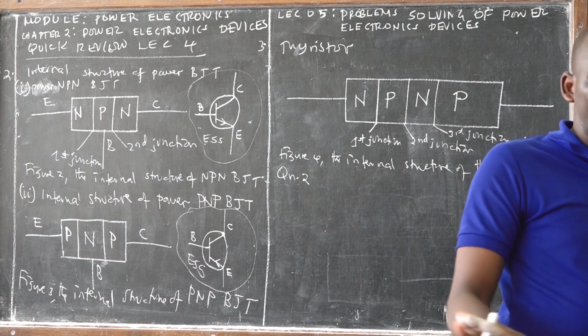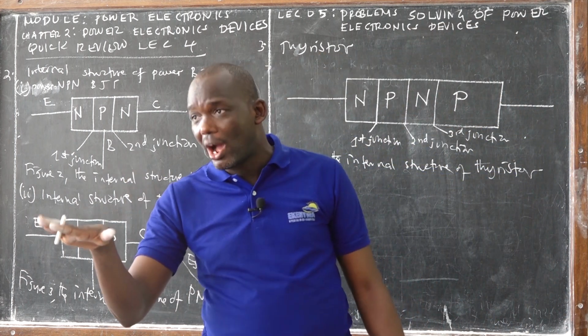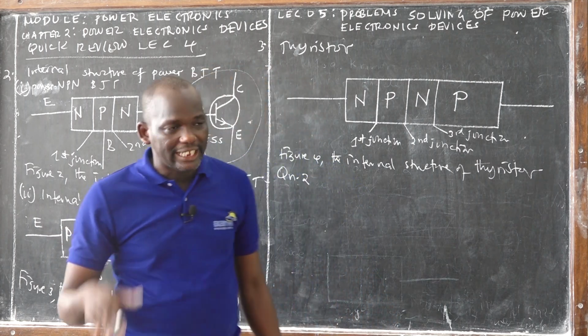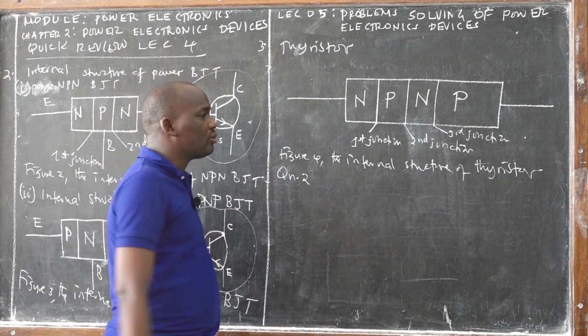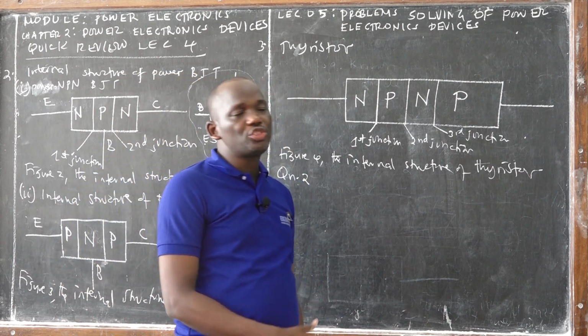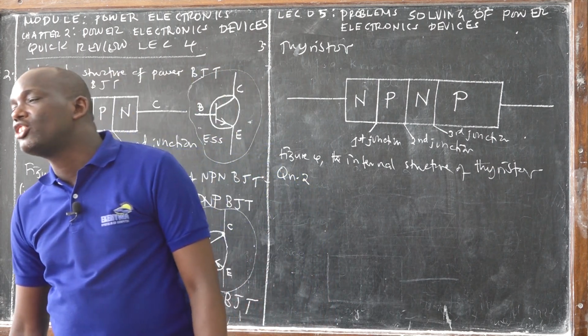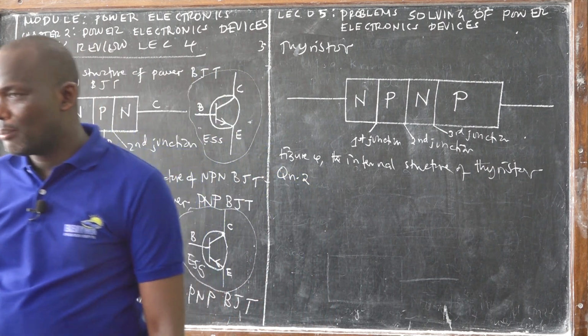If you remember the previous discussion in chapter 2, lecture 1. But sometimes we are supposed to use a power bipolar junction transistor in power electronics, but we are not supposed to use a single power bipolar.